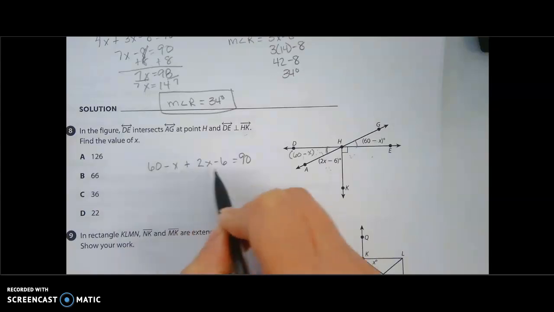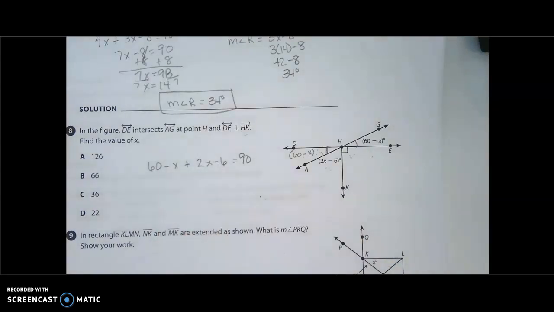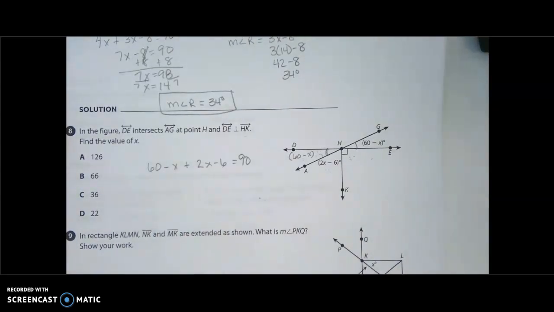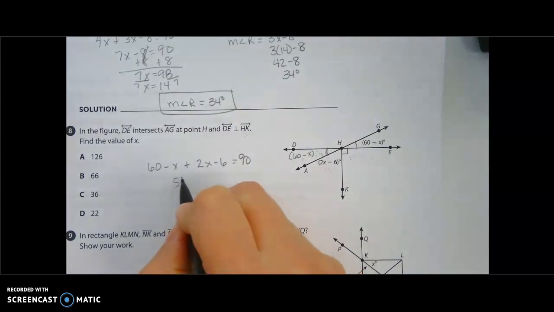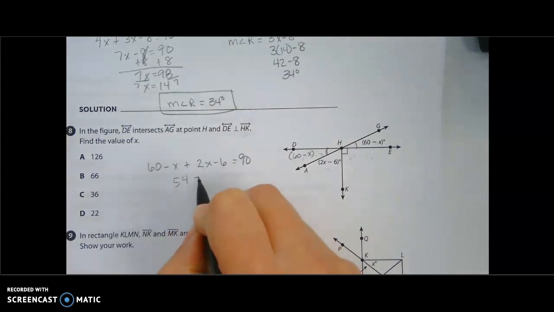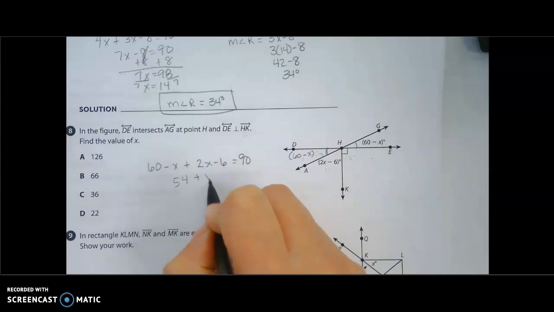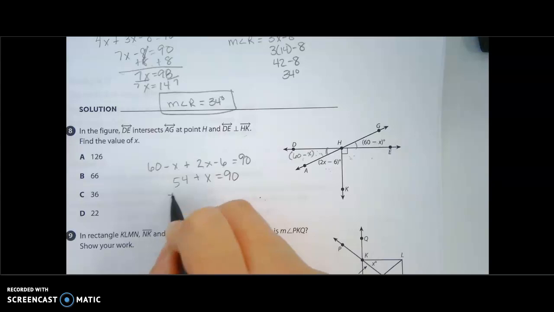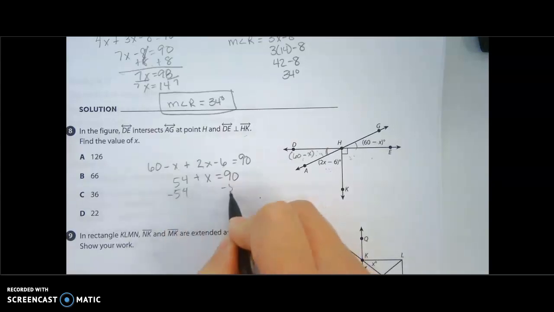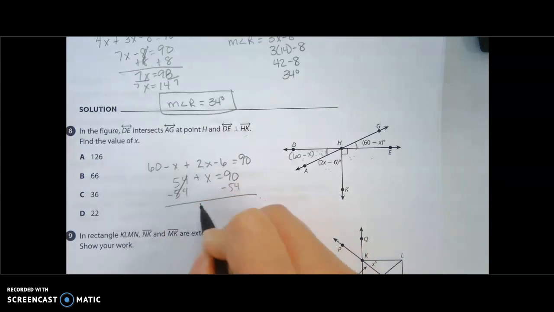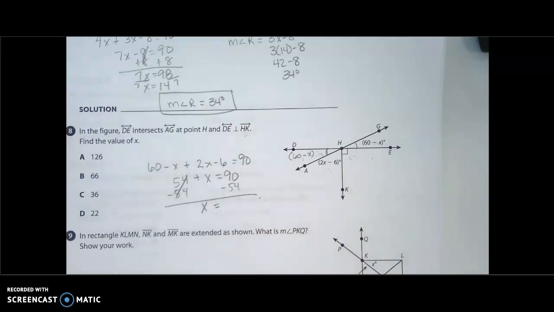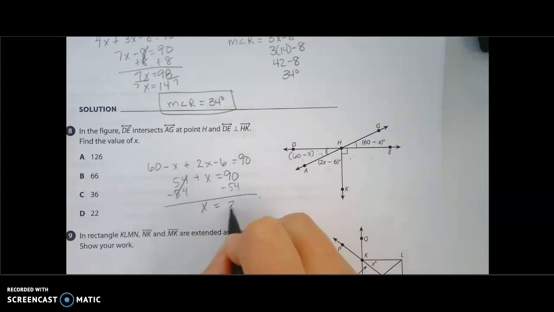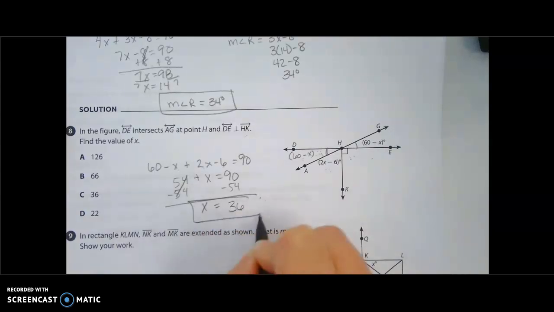So now I'm going to take 60 minus 6 and get 54. 2x minus x is a positive 1x. 54 plus x equals 90. I'm going to subtract 54 from both sides. X equals 90 minus 54, which is 36. So that is my x. That is what we're looking for. Find the value of x.